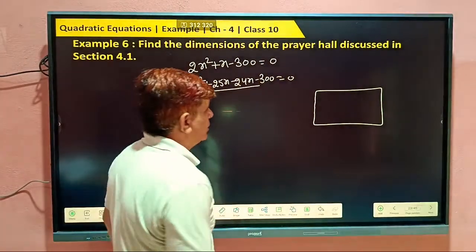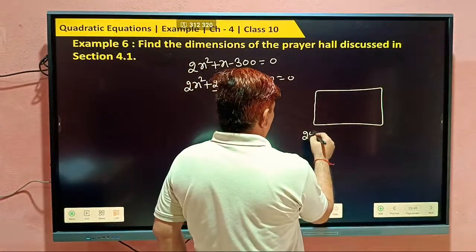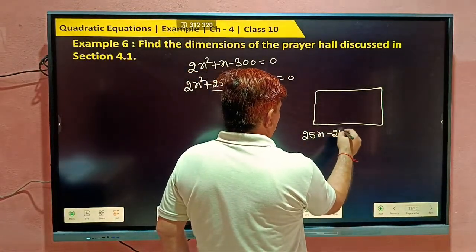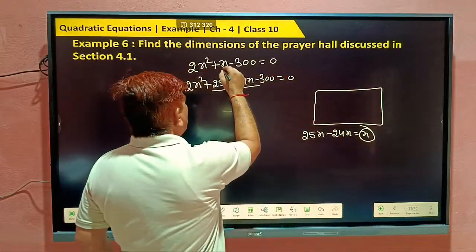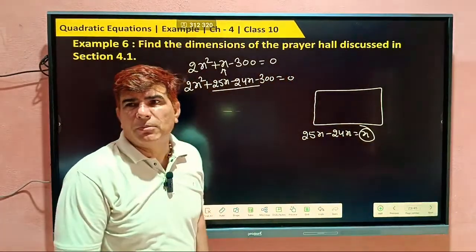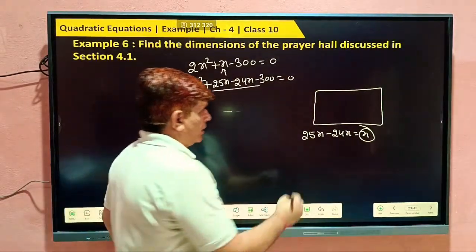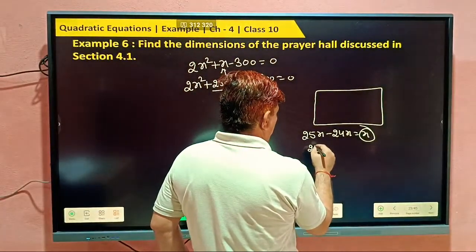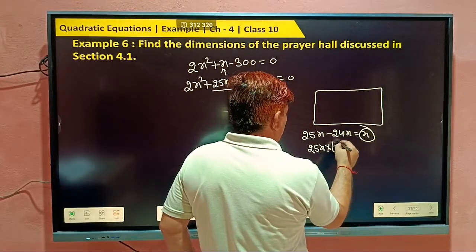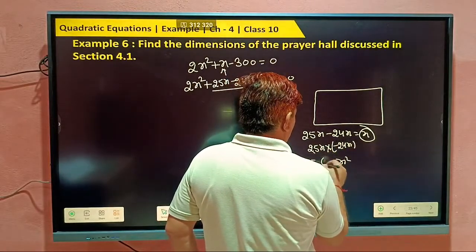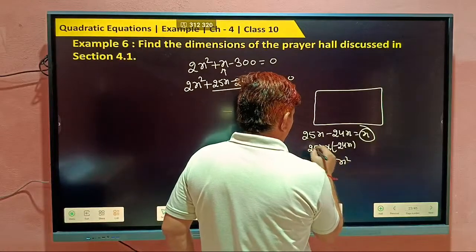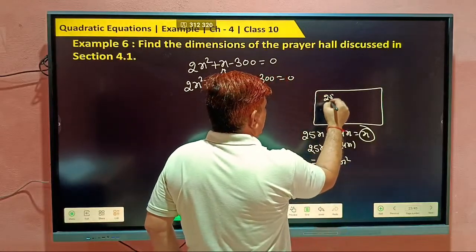First we will add these. When we add 25x minus 24x, how much is left? x, which is given, x of plus 6, which means step number 1 is right. Then step number 2: 25x into minus 24x, x into x square, and this is 600 of minus 25 multiplied with 24.